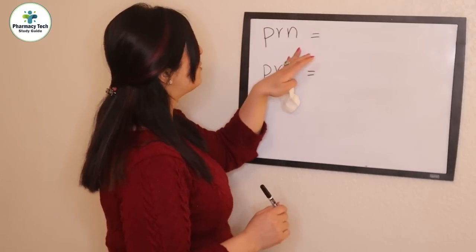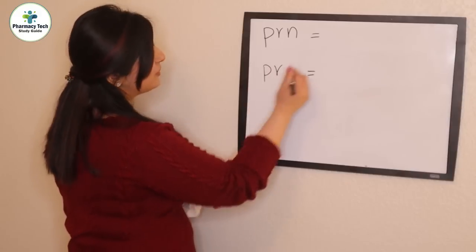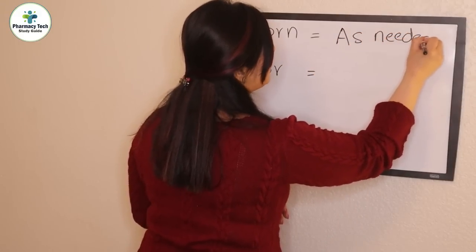The next abbreviation that I want to talk about in the routes of administration is the one which you can easily confuse with the timing of administration, which was PRN. Remember, PRN was as needed. So that's as needed.